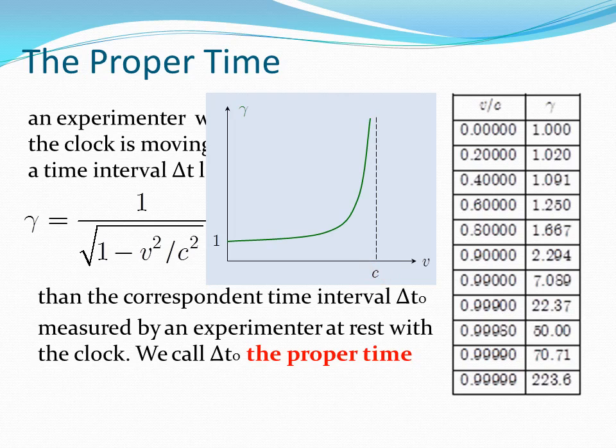And this behavior is the reason why we do not experience the time dilation effect every day, because everyday speeds are too low to produce a considerable effect of time dilation like the one we have over here for values of this ratio as large as 99.9% of the light speed.